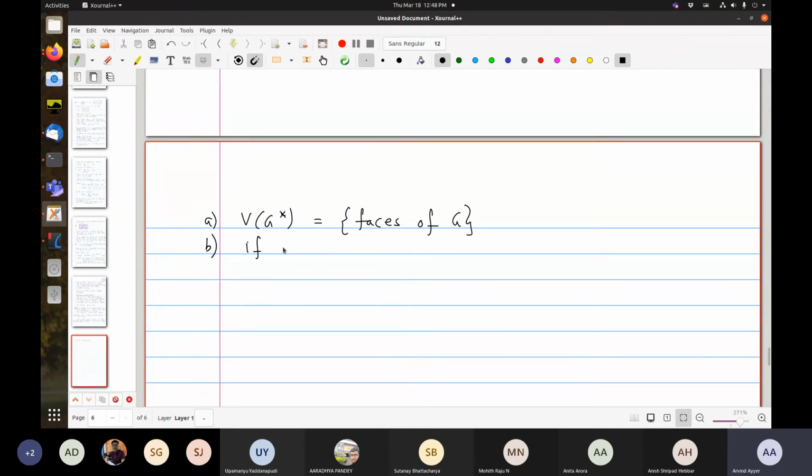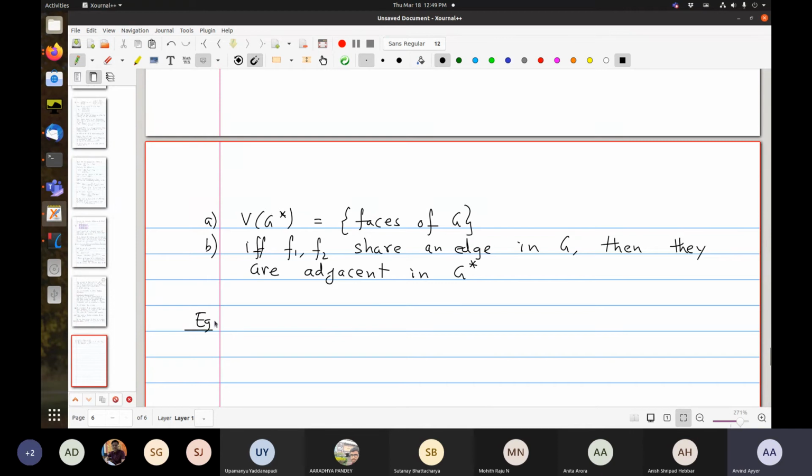If F1 and F2 share an edge in G, then they are adjacent in G star. This is if and only if. So if they do not share an edge, then you do not have them as adjacent.